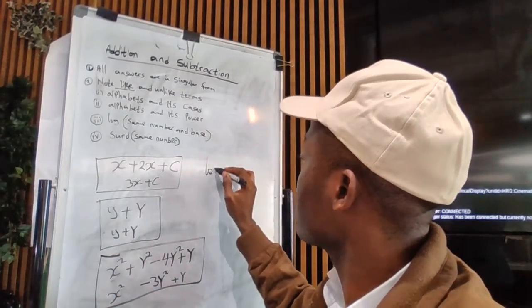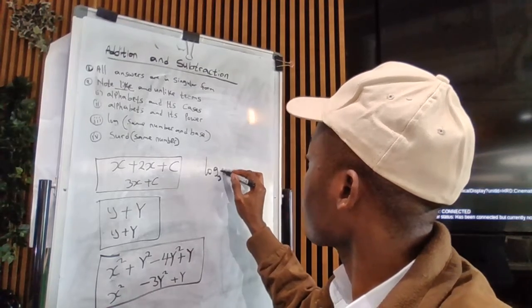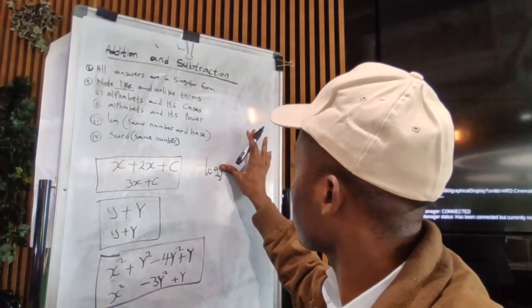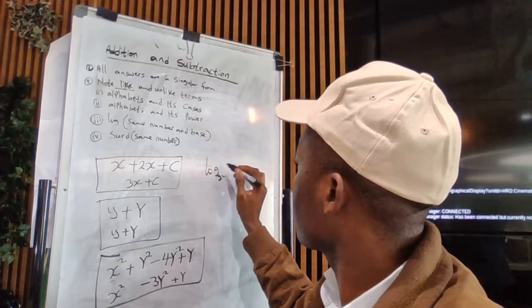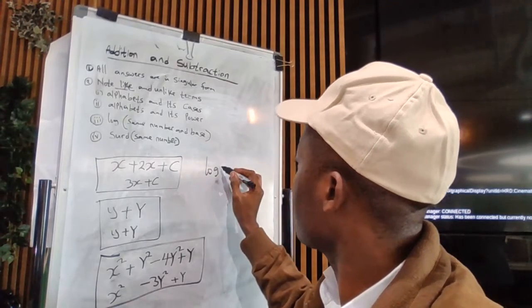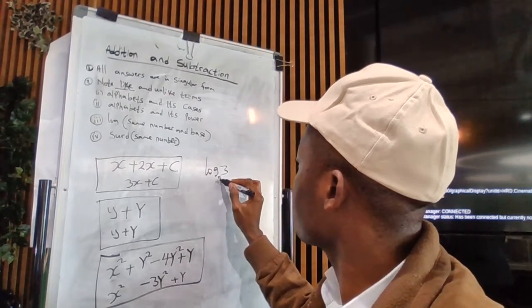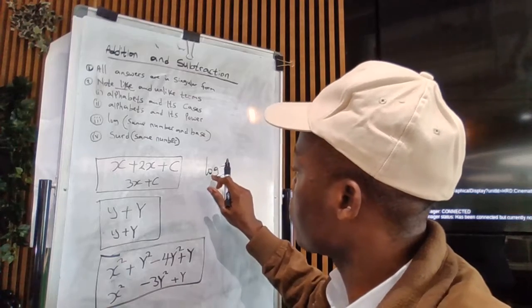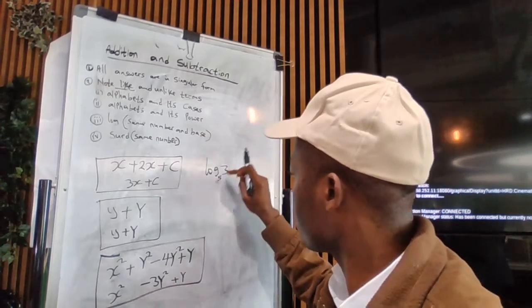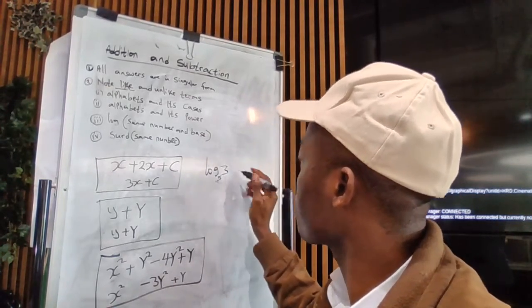Let's have log 3 base 5. Don't forget, you pronounce log in this format. Log 3 base 5. This is the base. This is the number.